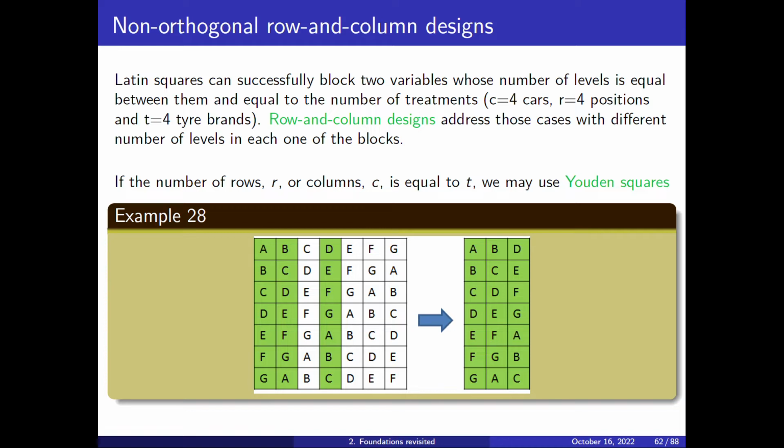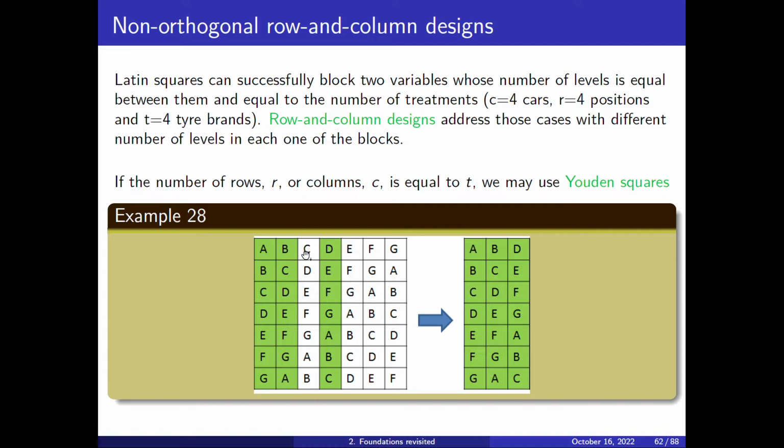For that you may use these row and column designs. For instance, if the number of rows or the number of columns is equal to t, so we may use these Youden squares.